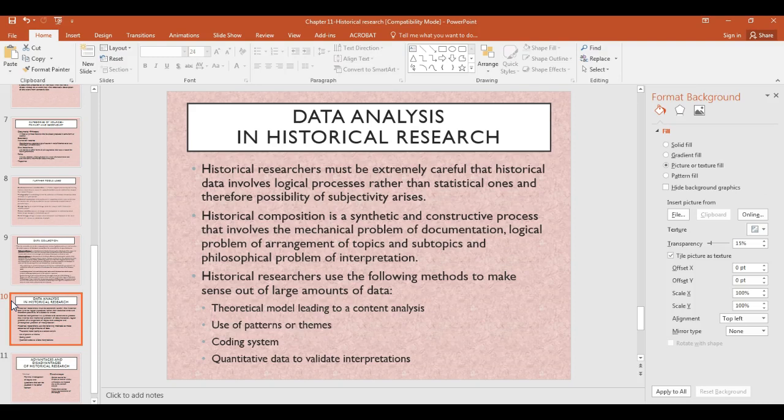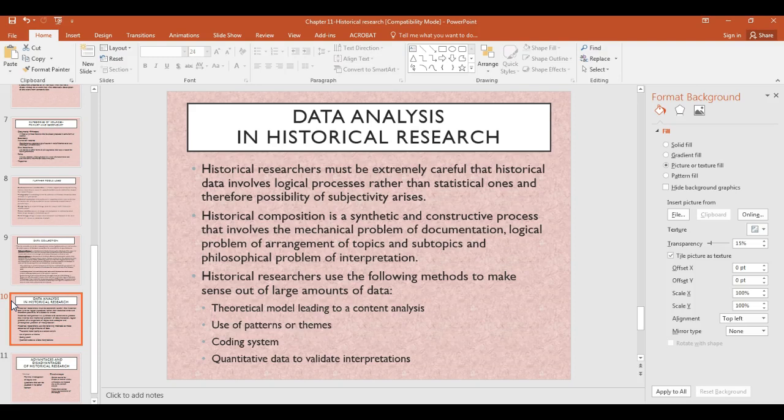So you first have to make sure that you are not biased and subjective, and through the first step of looking at the documentation, examining external and internal validity, when you collect the data, you want to make sure that your data are interpreted and categorized in a manner that really shows a lot of logic.